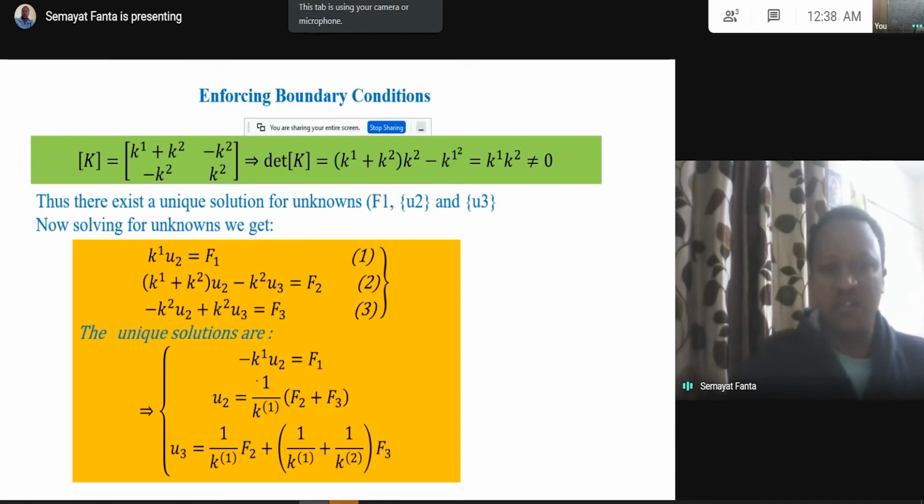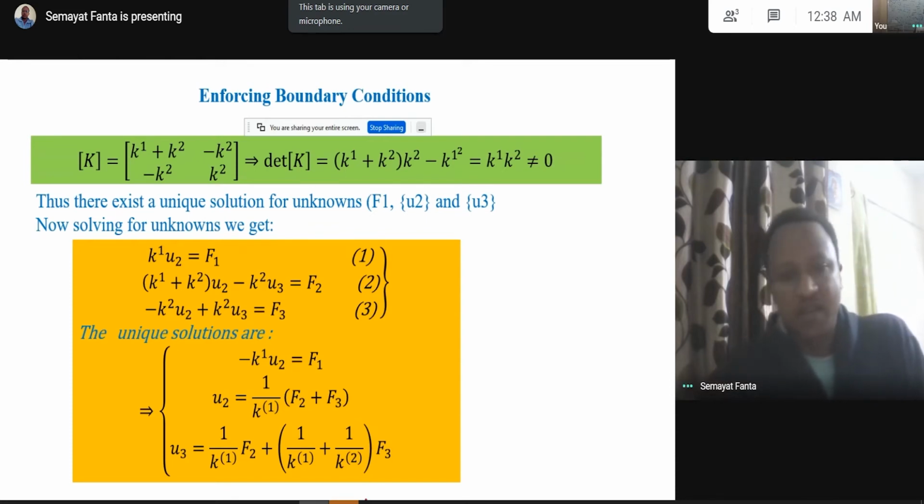So finally, we find the unique solution: F1 equals U2 K1 minus K1. U2 is equal to 1 over K1 times (F2 plus F3). And U3 is equal to 1 over K1 times F2 plus (1 over K1 plus 1 over K2) times F3. So these are the U values.